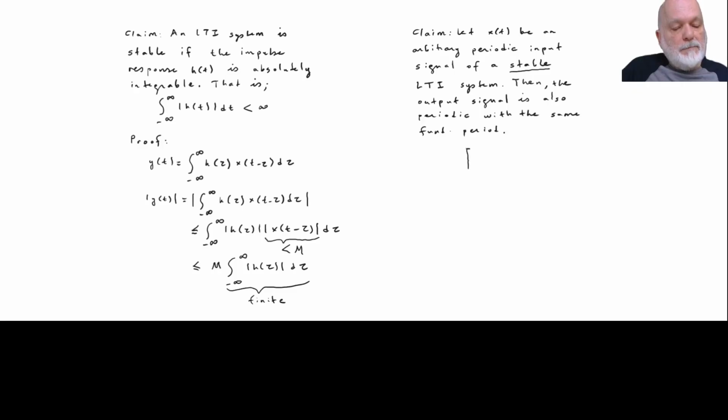So we have the following diagram. We have x of t, the LTI system, the impulse response of the LTI system is h of t, and y of t is the output. x of t is periodic with fundamental period T0. y of t is also periodic.